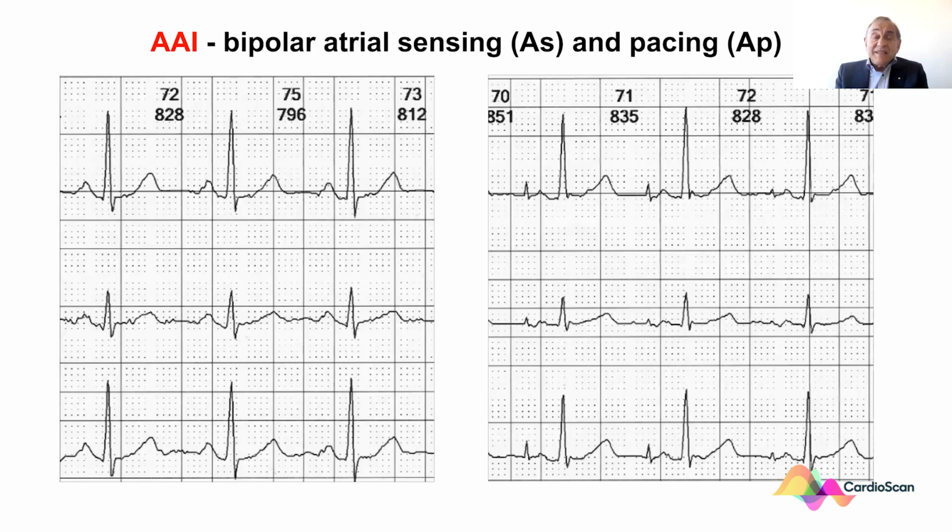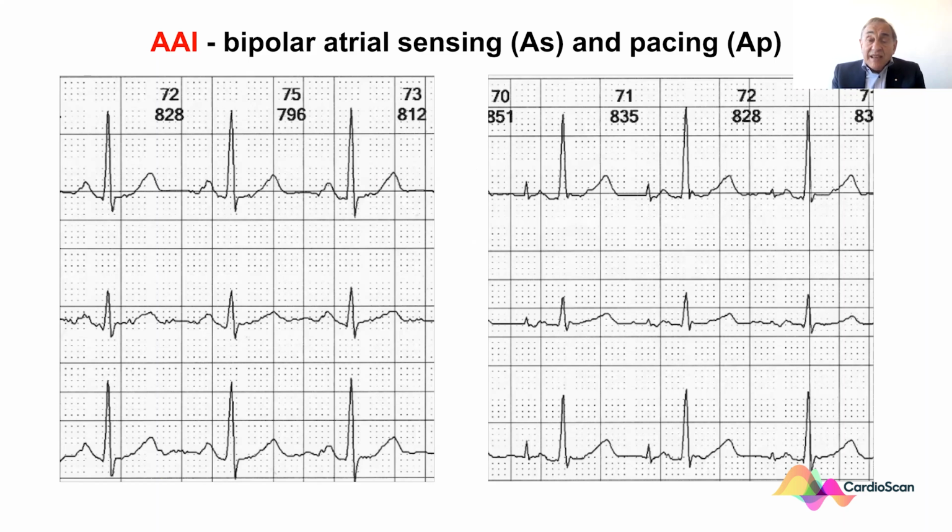Now let us look at some ECGs of atrial pacing. To the left, we can see that there is atrial sensing. This just looks like a normal PQRST, which of course it is. There's no evidence of pacing here.